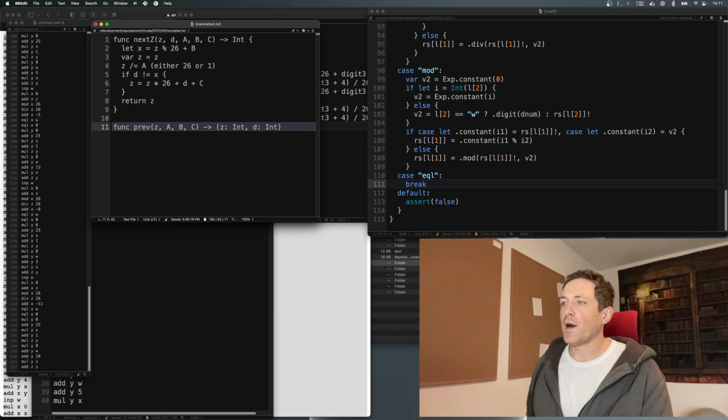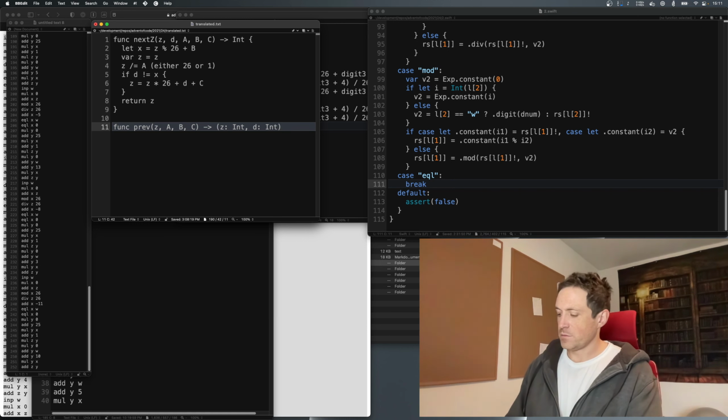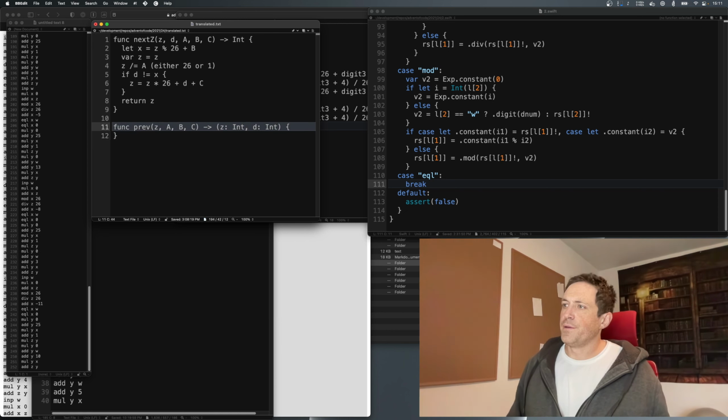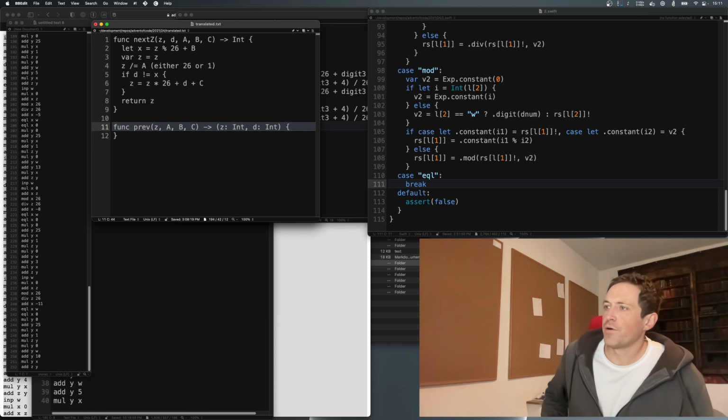What are the possible priors that could have led us there?